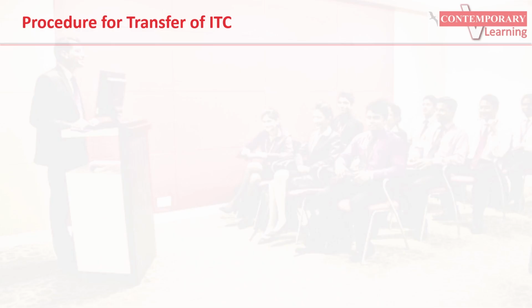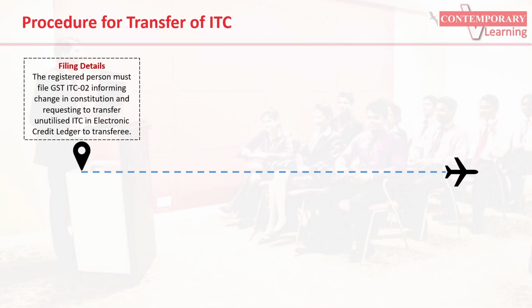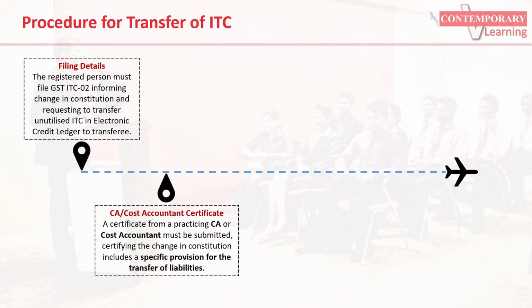The transfer procedure involves several steps and requires proper documentation. First, file form GST ITC 02 informing about the change in constitution and requesting transfer of unutilized ITC to the transferee. You must submit a certificate from a practicing CA or cost accountant certifying that the change in constitution includes specific provision for transfer of liabilities.